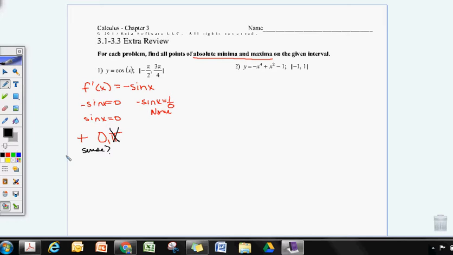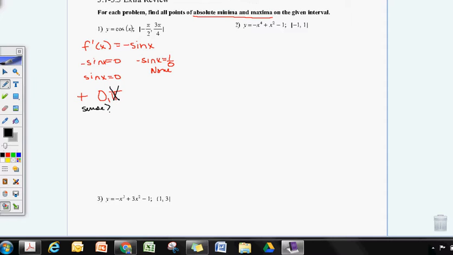Now, for absolutes, things are a little bit different than for regular intervals, finding mins and maxes. So I need to start with my x values, and remember with your x values, 0 could be a possible x value, negative pi over 2 could be an x value, and 3 pi over 4 could be an x value.